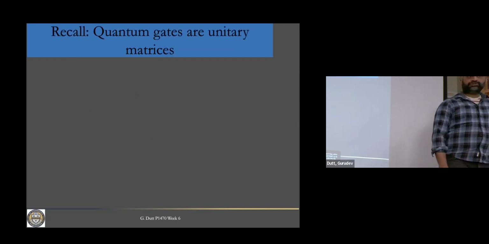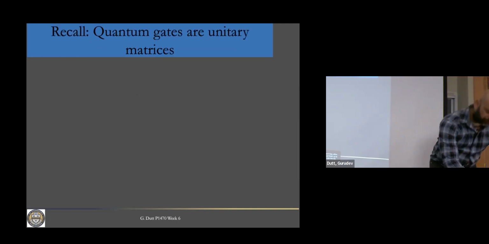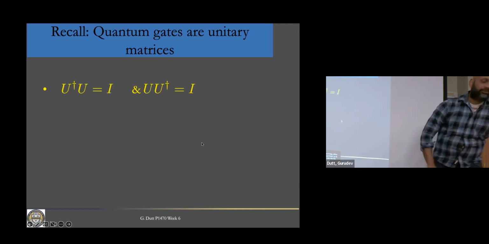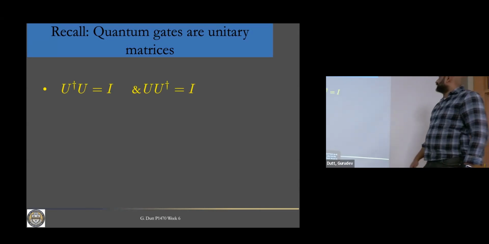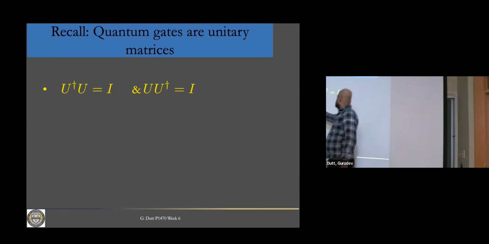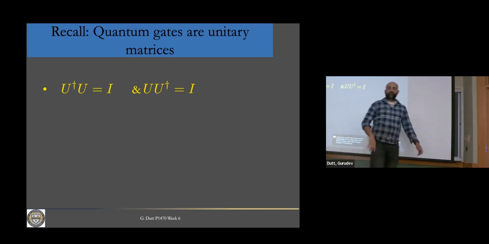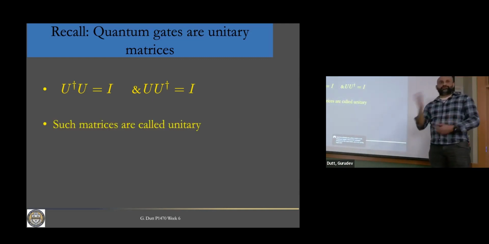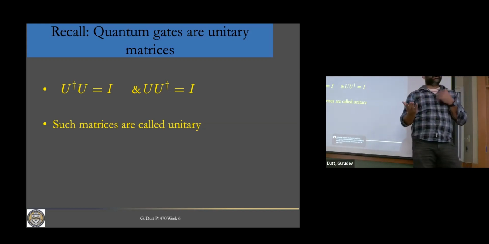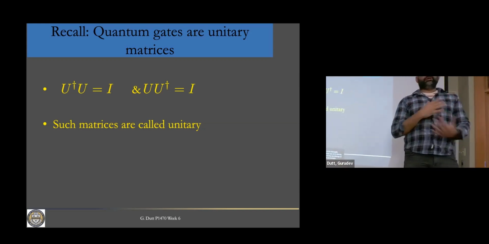Okay, so just to recall, the definition of a unitary matrix is one where U dagger, which is the conjugate transpose of the matrix, times U is an identity matrix. And of course U times U dagger too, so that's both ways, whether I multiply the matrix from the right or the left.